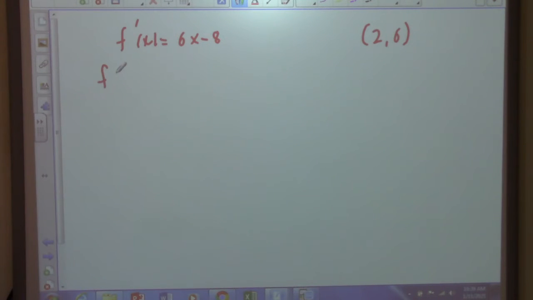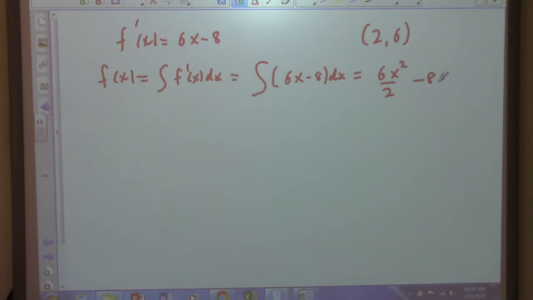Again, f of x is equal to the integral of f prime of x dx. It's going to be the integral of 6x minus 8 dx. And so we go ahead and integrate this. We get 6x squared over 2 minus 8x, which is going to be equal to f of x, plus c, I forgot. So it equals 3x squared minus 8x plus c.